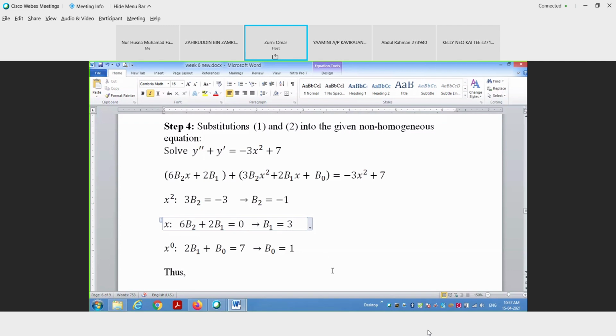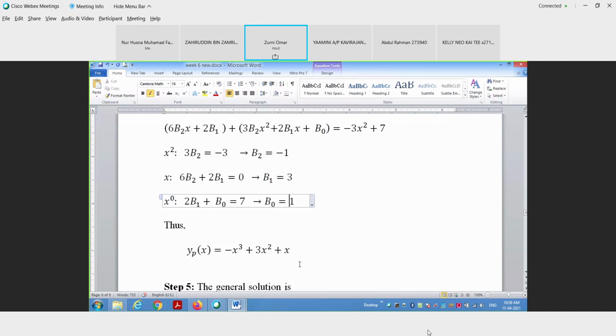Now you compare the coefficient of the constant. Constant means x to the power of 0. So you have 2b1 plus b0 equal to 7. We know that b1 equals 3, so 2b1 is 2 times 3 equals 6. So 6 plus b0 equals 7. That means b0 equals 7 minus 6 equals 1.